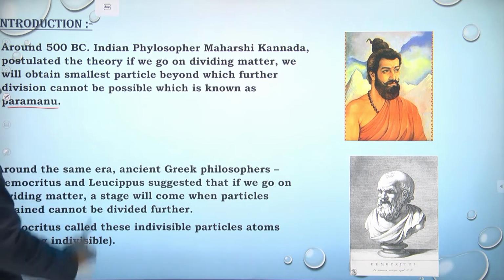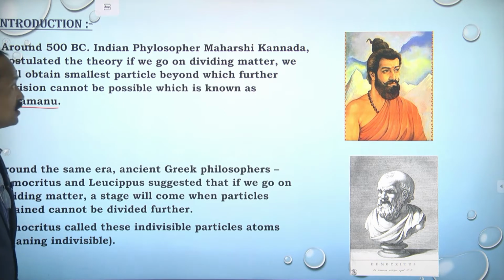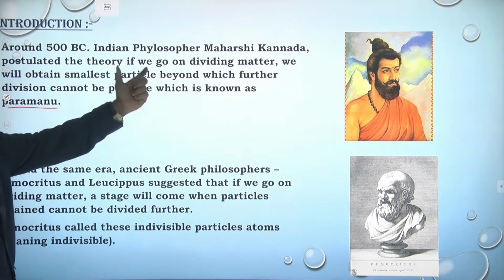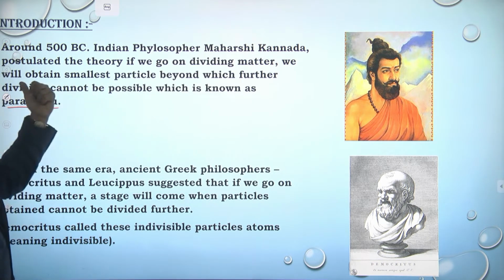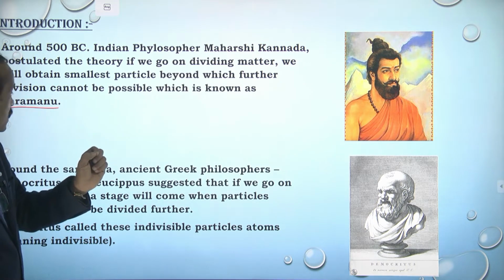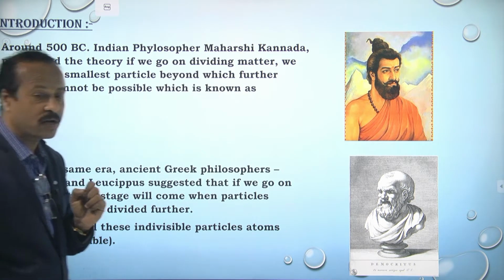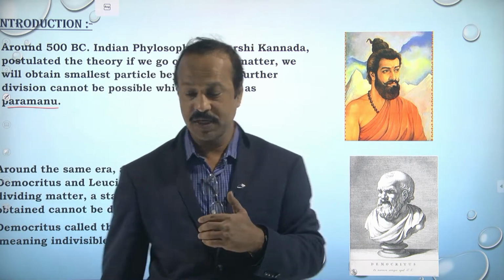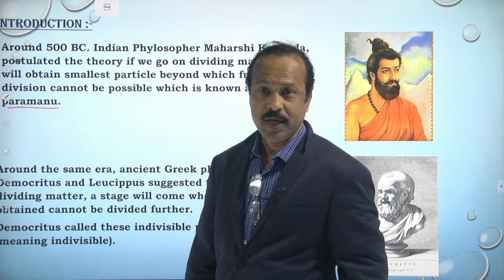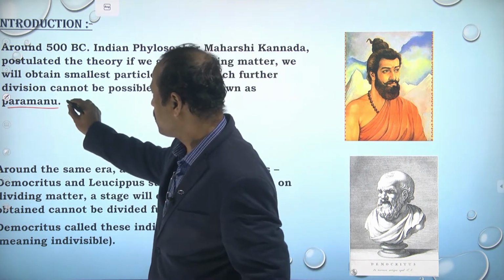So around 500 BC, Indian philosophers like Maharshi Kanada postulated the theory that if we go on dividing matter, we will obtain a smallest particle beyond which further division cannot be possible, which is known as Paramanu.